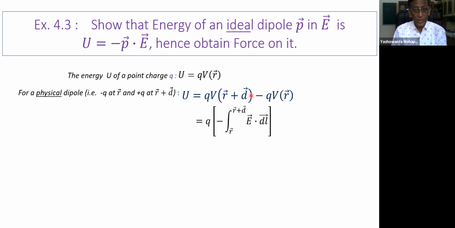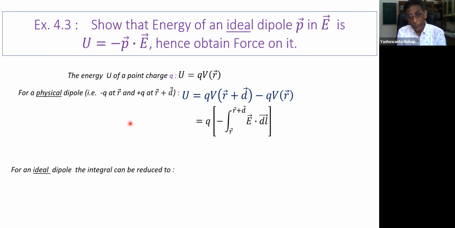But I'm saying that for a pure dipole, this D is almost negligible, okay. So in that case I can approximate this, because D is almost negligible, as minus Q E dot D. And Q times the D vector gives me the dipole moment vector, so minus P dot E. That is the interaction energy.